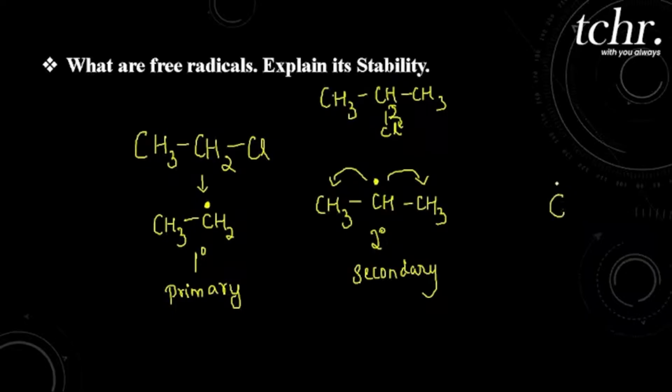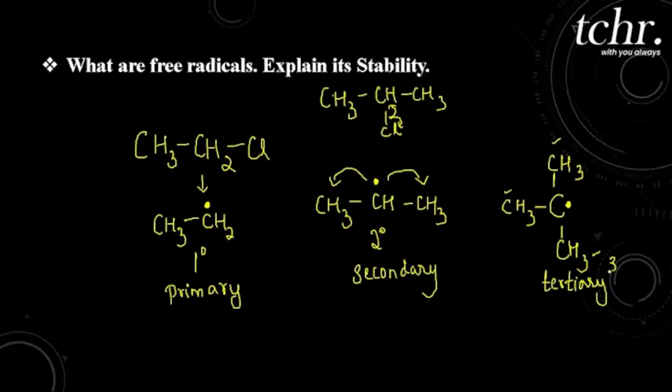In the same way, the next one I am going to write like this. Here the carbon atom containing the unpaired electron is further attached to three alkyl groups, right? So this is a tertiary free radical.